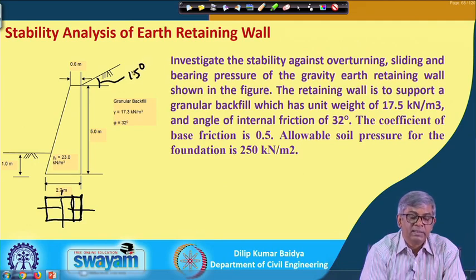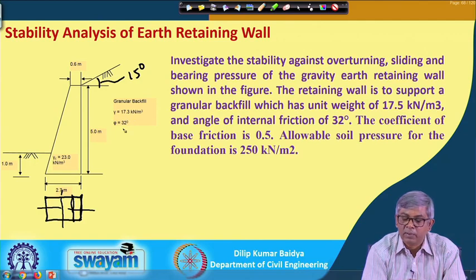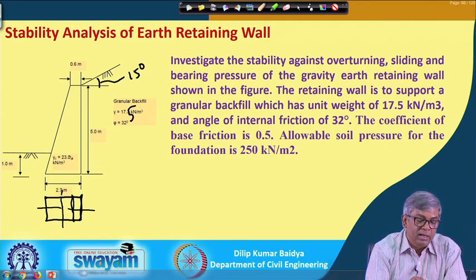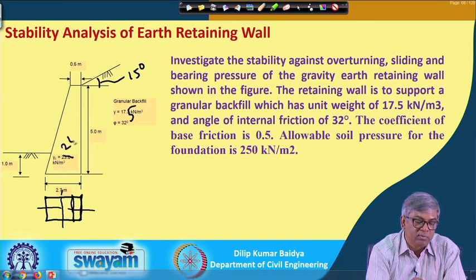Suppose I will take 15 degrees, and it is retaining a granular backfill with 17.5 kilonewton per meter cube, phi is 32 degrees, and it is 5 meter height, and gamma c instead of 23 I can take 24 kilonewton per meter cube, and there is a toe side of 1 meter.